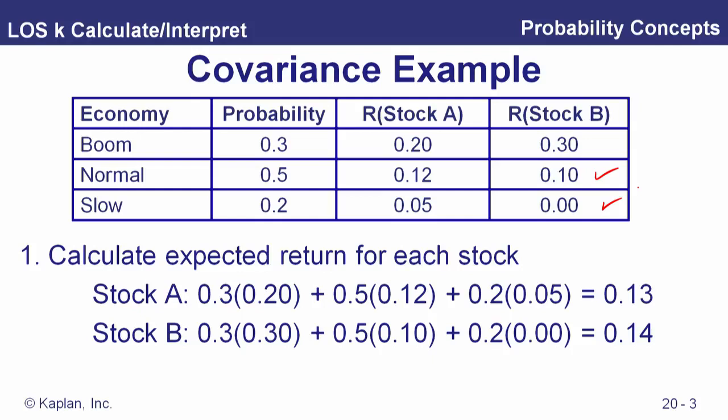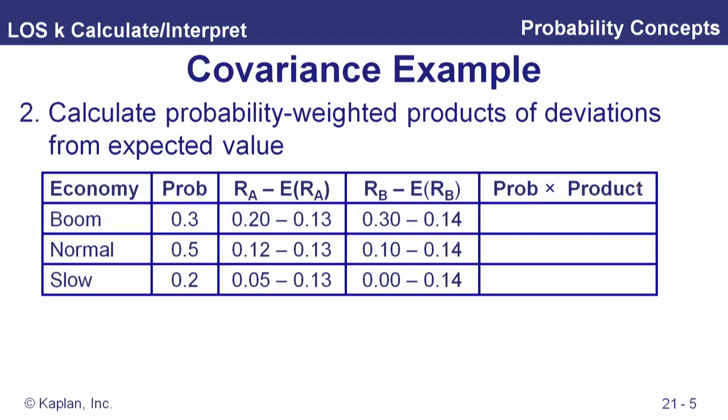So now that we've got those expected returns for each of our 2 variables, we can look at the deviations from expected returns right here. And so we've got those deviations from the expected return on A and from the expected return on B. And now we're going to multiply those together, and we're also going to multiply by the probabilities and sum those up.